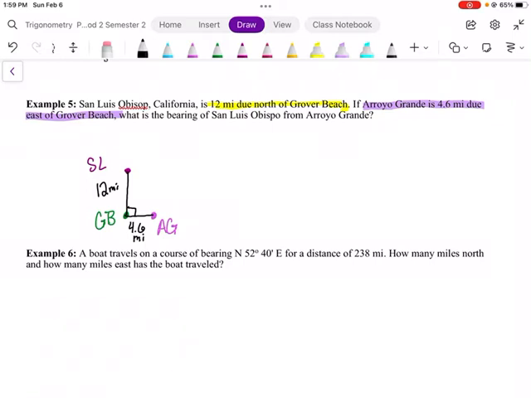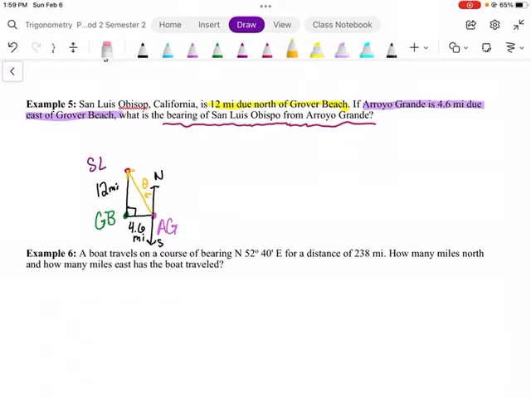What they want us to find is the bearing of San Luis from Rio Grande. So when we're finding the bearing from here, this is where our north and south line is going to be. And we need to figure out what the bearing is going to be to this segment there. So we are looking for that angle.